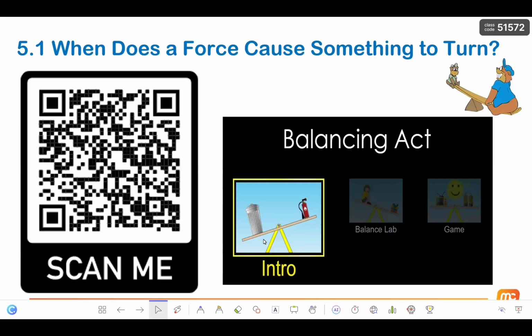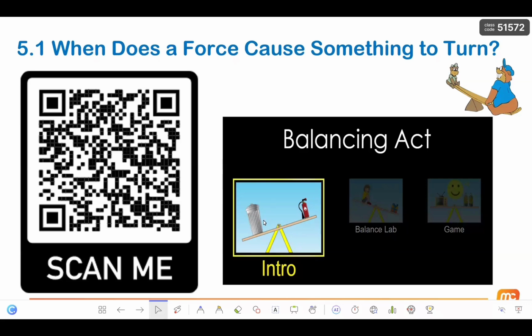You can play around with it to see how the distance and the weight of the object changes, or what position you need to position these two items in order for them to balance. There's quite a number of combinations that will cause this wooden plank to be balanced.